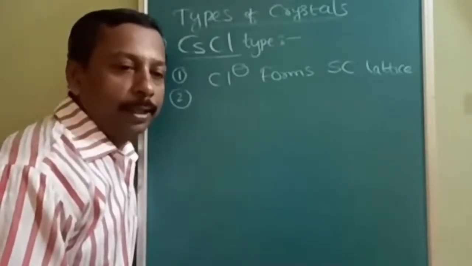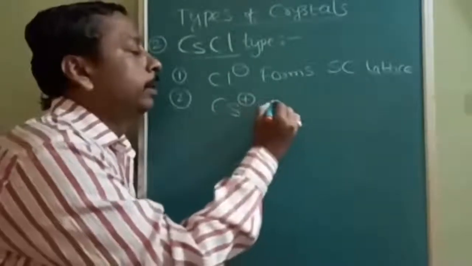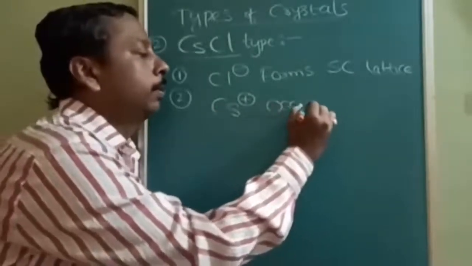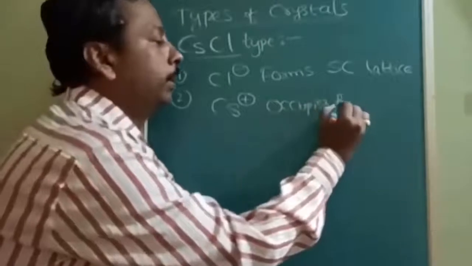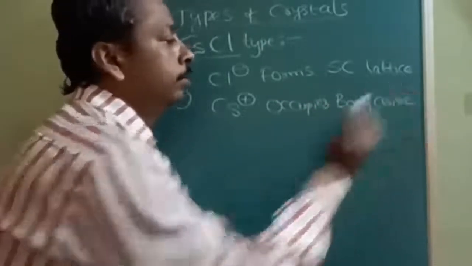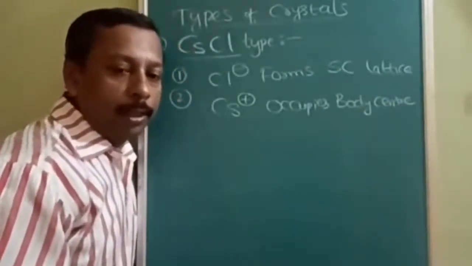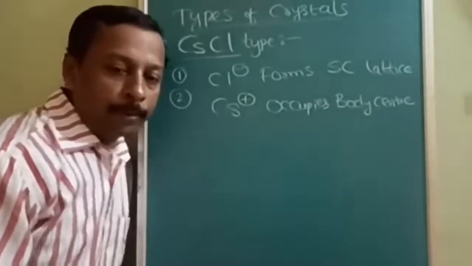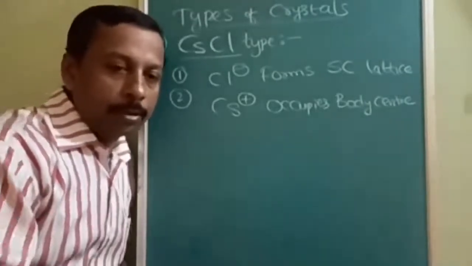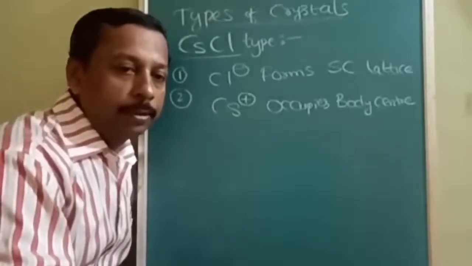Cl- is simple cubic. Cs+ occupies the body center, only one place. Is it understood? The first point: Cl- forms a simple cubic lattice, and Cs+ occupies the body center.